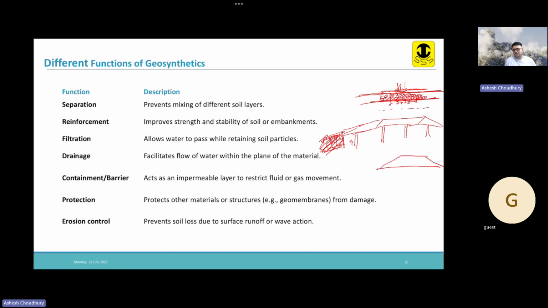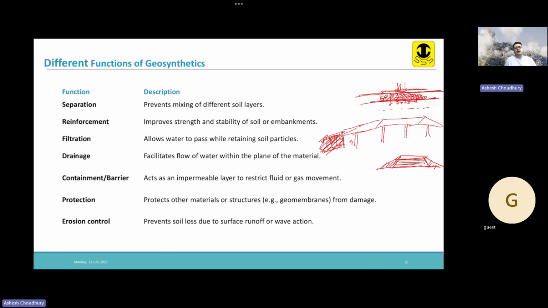But if we want to construct a reinforced embankment, we can have a steeper configuration. We can put reinforcement like this, and then we can construct it steeper. With this we are saving a lot of soil material also. The more important function of geosynthetics is the reinforcement function. The simple application is the reinforced earth wall, and you will be solving problems with the simple design of these earth walls later.